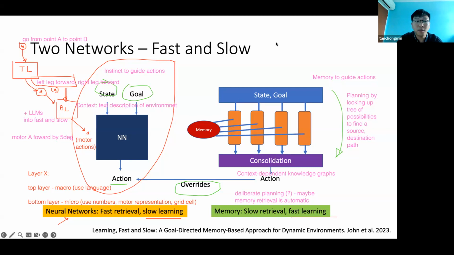Let's say if I don't reach point B, it means that I'll reach point C, and I can learn how to go from point A to point C. I will always learn something. I don't have to learn based on the reward of reaching point B. All levels of this hierarchy, of this fast and slow, can learn using any goal. And this goal is incidental. It will learn from whatever goal your agent has encountered.